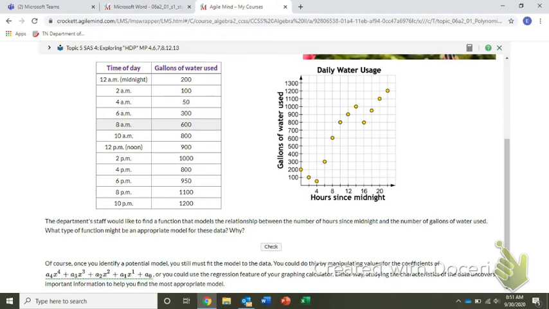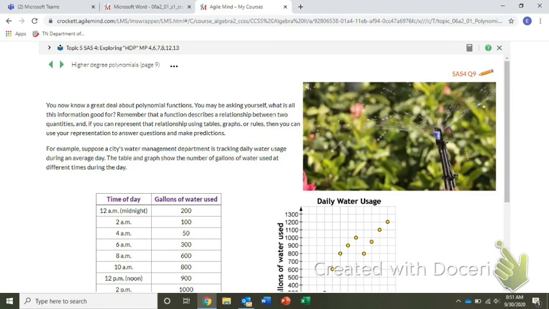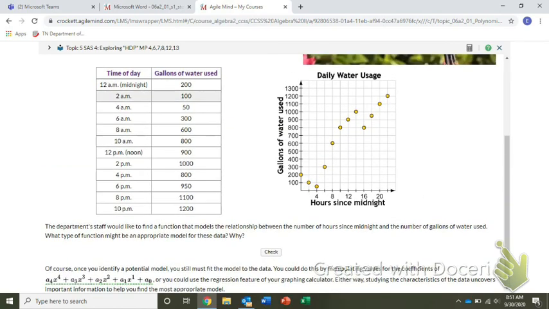It's number 9 on your page and number 9 in your workbook. So, first, on your paper, I want you to trace this scatter plot. It asks you, what type of function might be appropriate model for this data?